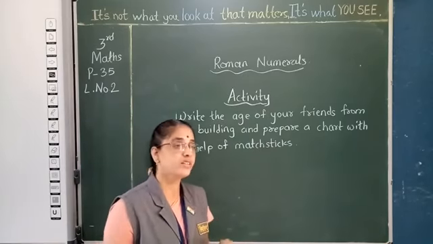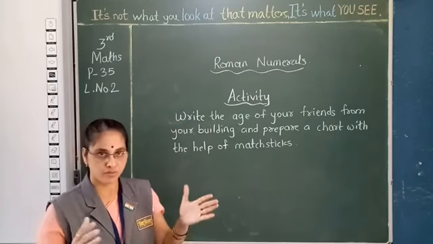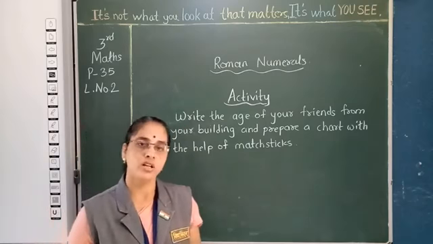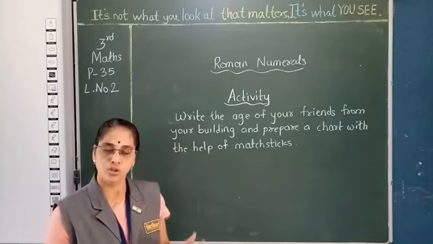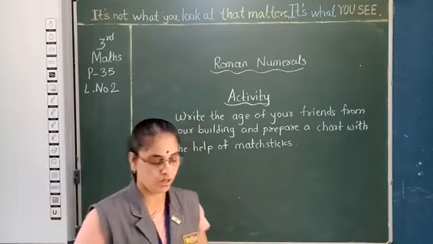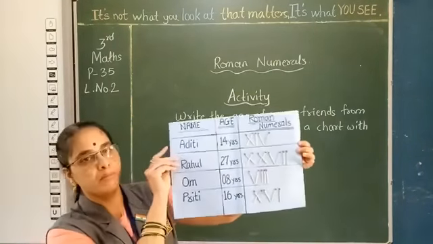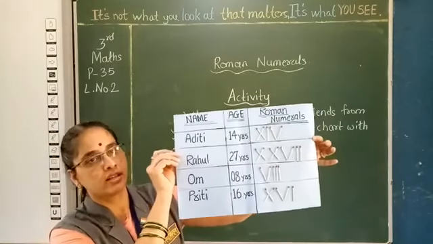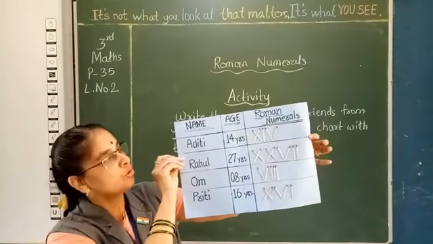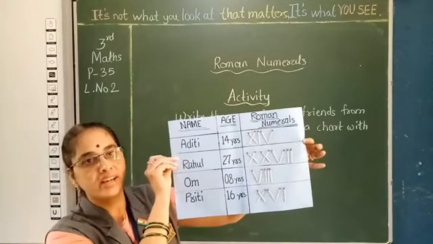So for that, this activity you can do in your notebook also. No need to bring the cardboard paper and all. I will show you how you are going to prepare this activity. Okay, see this. Now, this is what I have made. In the first column, you are going to write the name of your friends. In the second column, you are going to write their age.